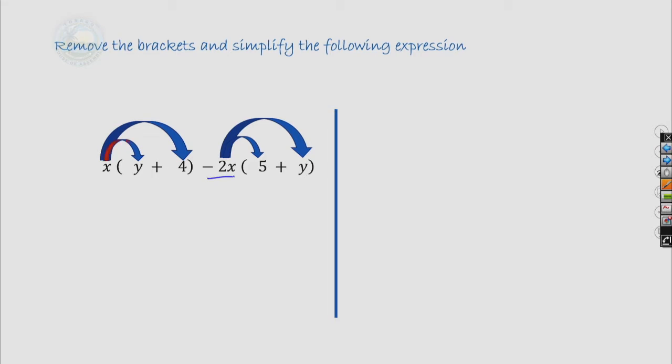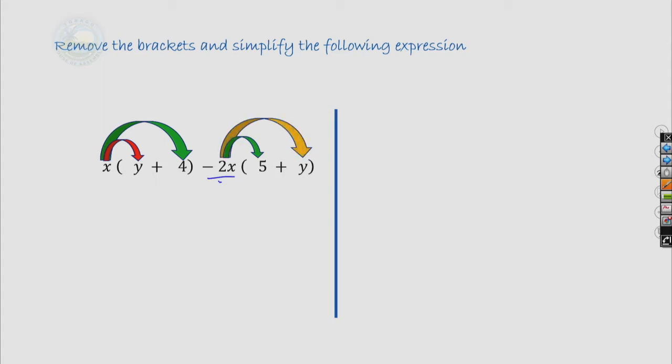So it's going to be x multiplied by y and x multiplied by 4. Likewise, on this side, the negative 2x has to be multiplied by 5 and the negative 2x has to be multiplied by y.